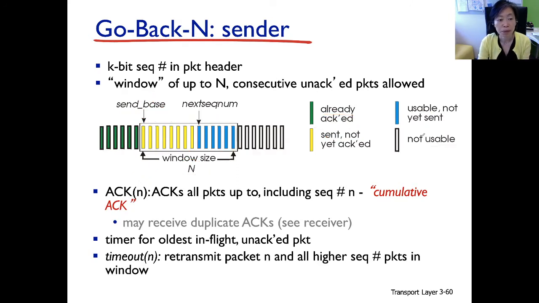Here, let's assume send base finally receives an acknowledgement, so we turn it green. What do we do here? Now this one is green, isn't it? Send base only indicates the first unacked packet, so we actually need to change it to this packet's sequence number.